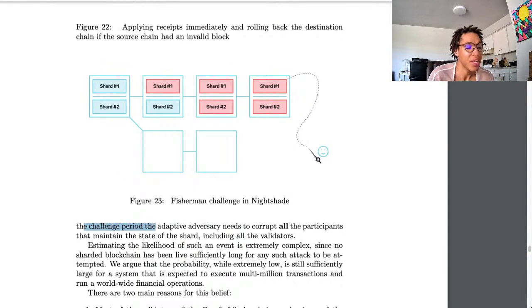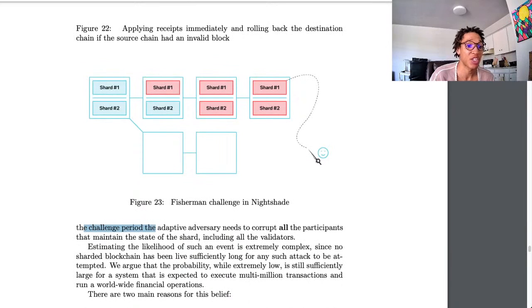Post the challenge period, the adaptive adversary needs to corrupt all the participants that maintain the state of the shard, including all the validators. That seems quite difficult, but for only one shard, arguably. Estimating the likelihood of such an event is extremely complex, since no sharded blockchain has been live sufficiently long for any such attack to be attempted.